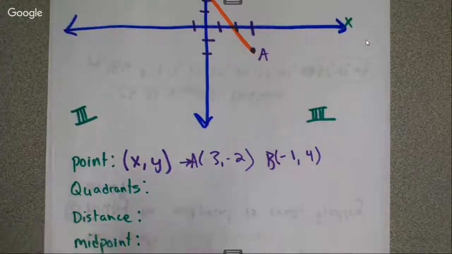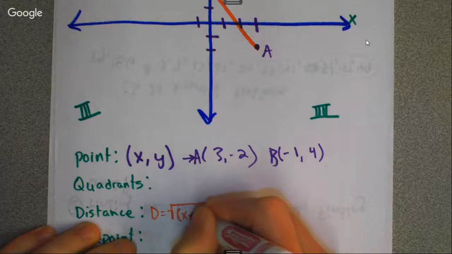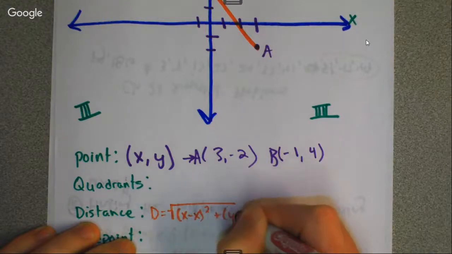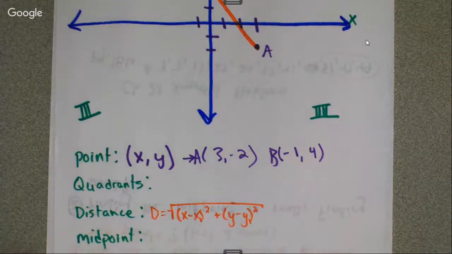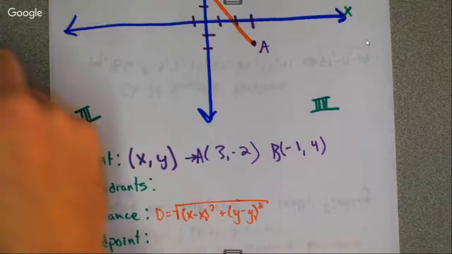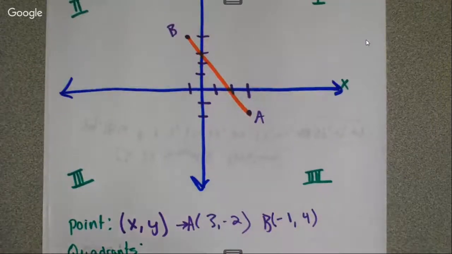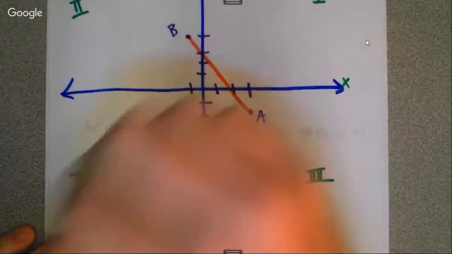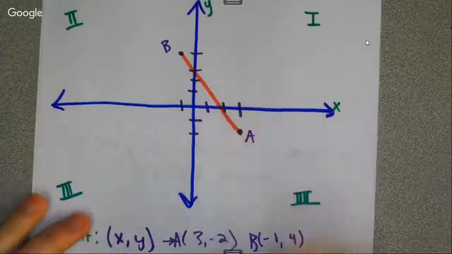We have a distance formula: you subtract your x's, square them, add your y's subtracted, square them, and then take the square root. But a lot of times that formula is just way too confusing to remember.